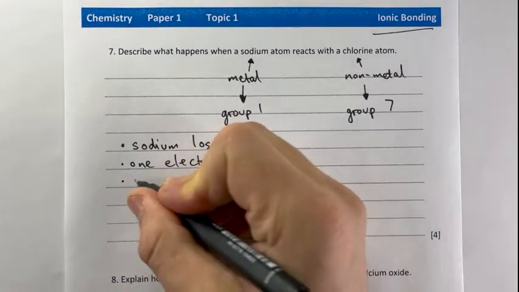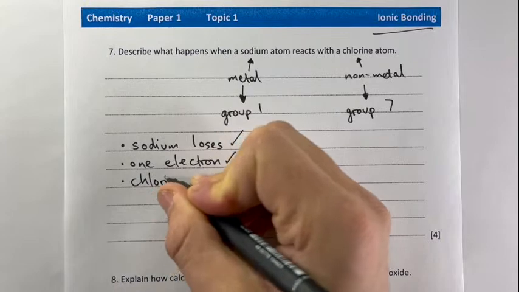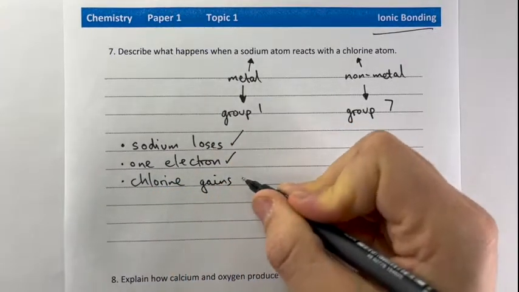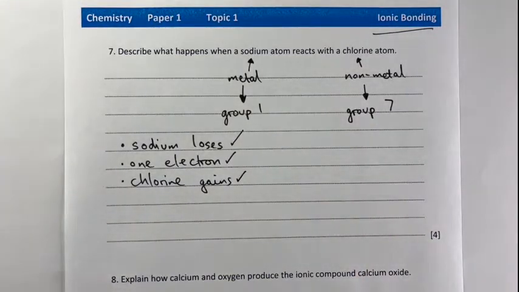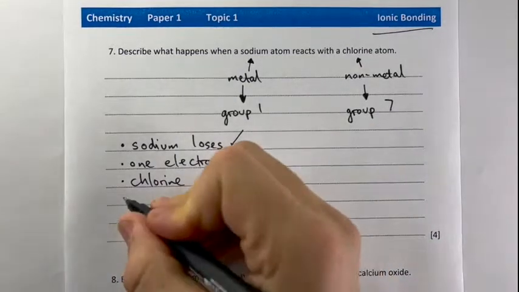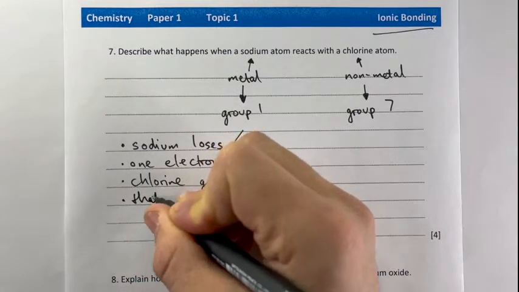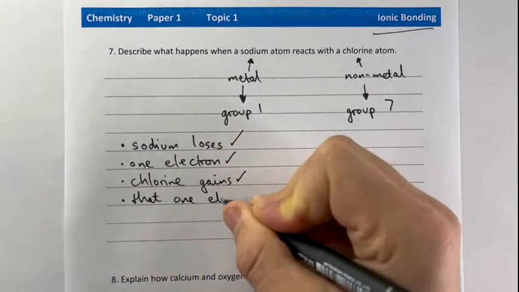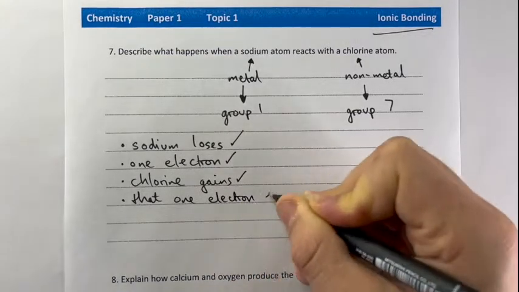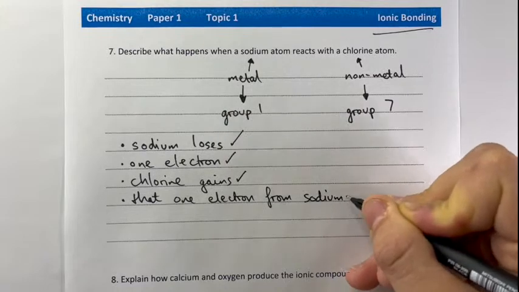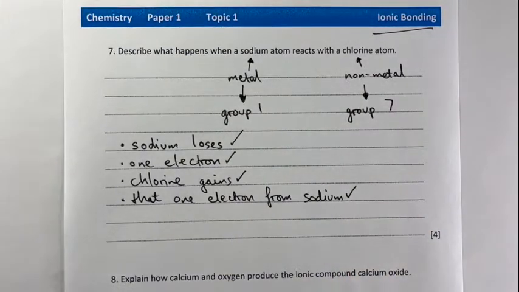Chlorine gains, okay, chlorine gains that 1 electron from sodium. 4 marks. Already, 4 marks.